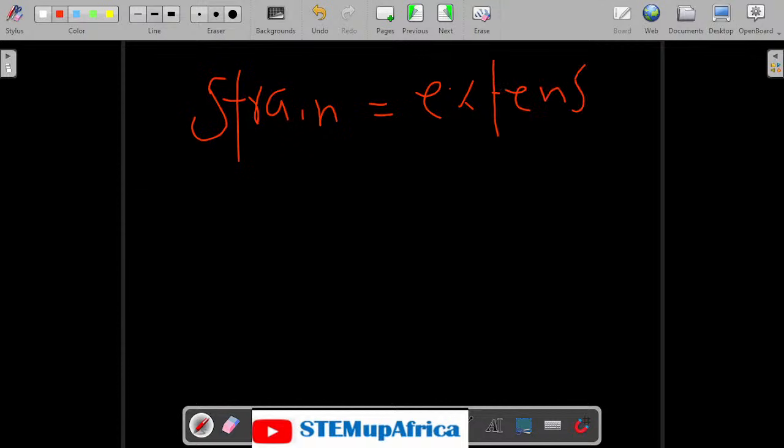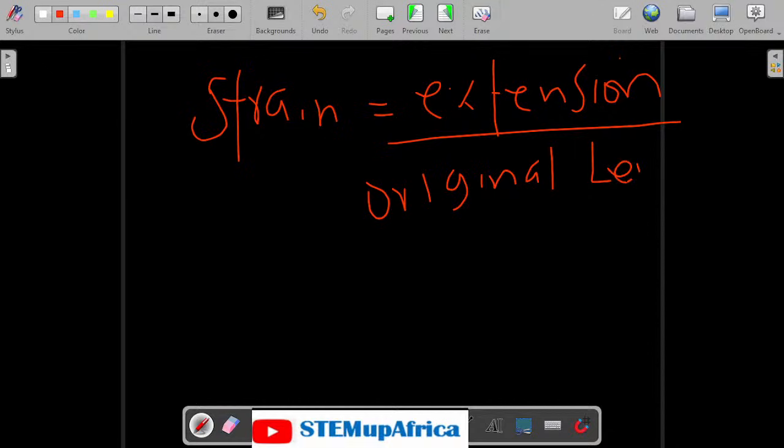Strain. From elasticity, strain is defined as the ratio of extension to original length. That is the formula of strain, the ratio of extension to the original length.